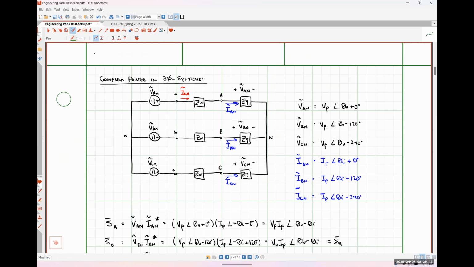Now, how are the voltages VAN and VAB related to each other? They are not the same.